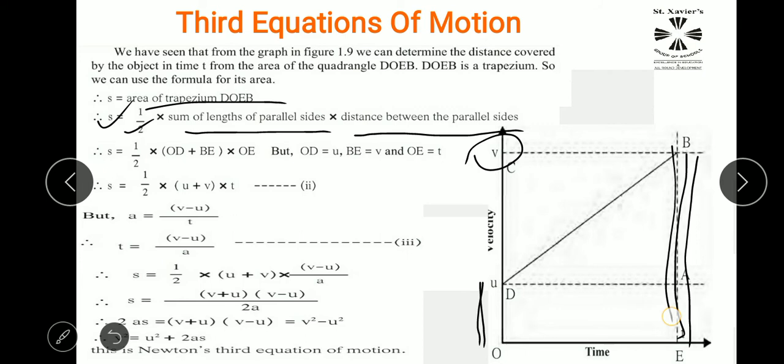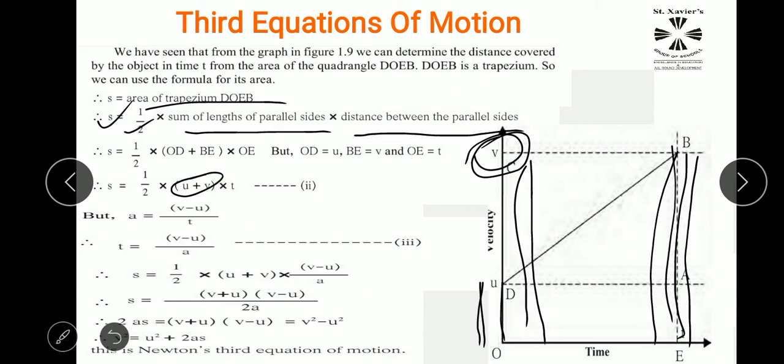BE is equal to OC, that is nothing but V. So here we'll get U plus V. Now the distance between the parallel lines over here is nothing but OE, that is nothing but T, so we'll write T, students. Here S is equal to, and I'll stop the equation here only.